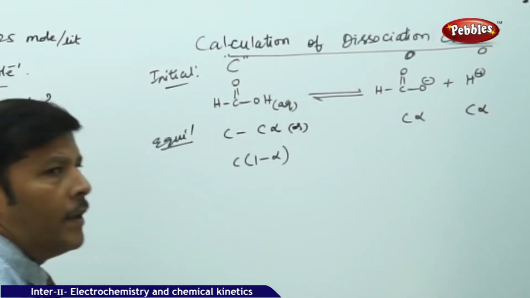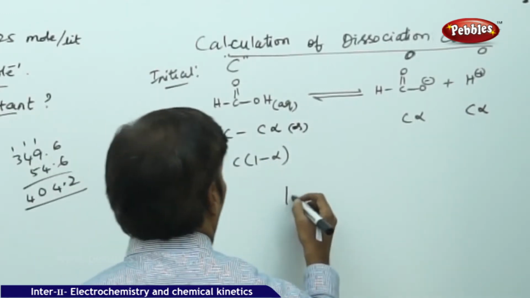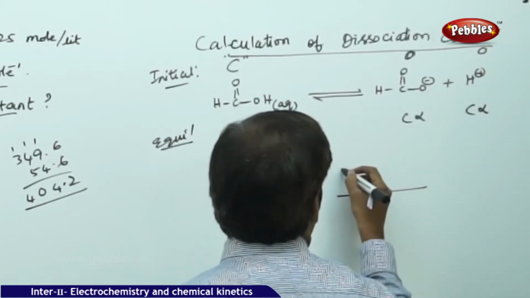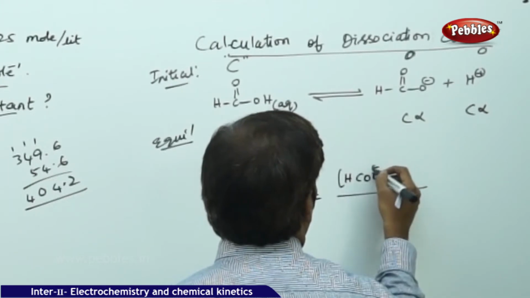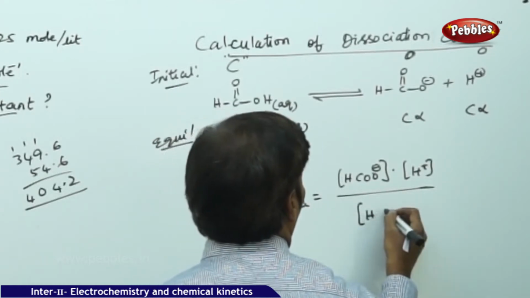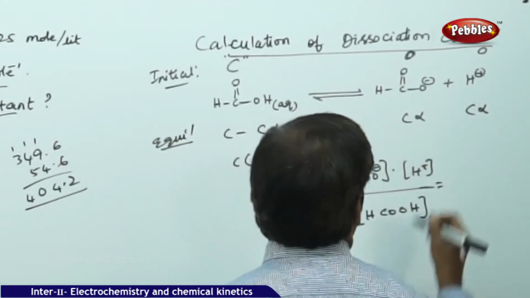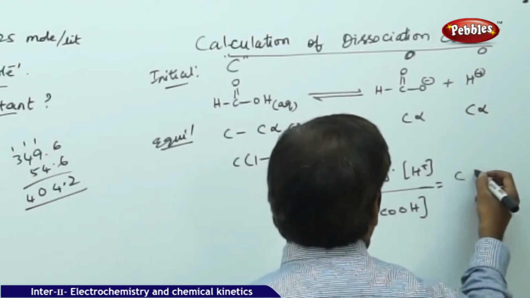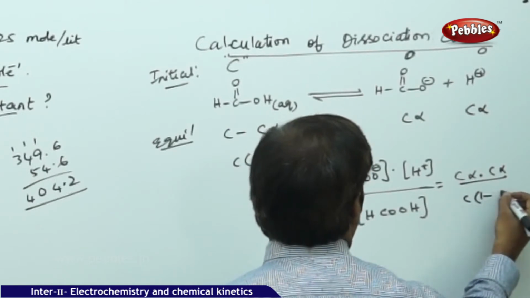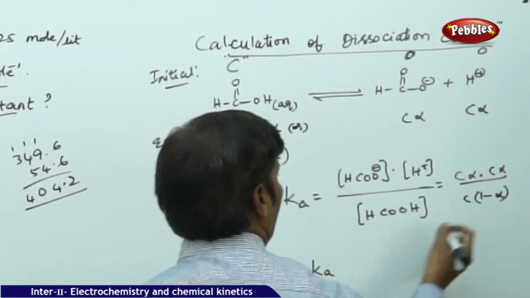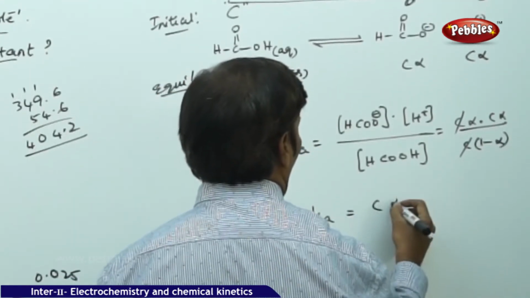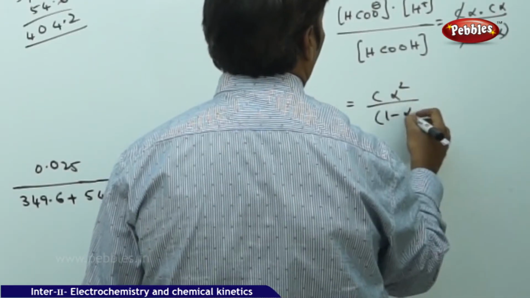So applying the equilibrium constant expression, Ka is the dissociation constant of the weak acid, formic acid, which is equal to the concentration of the formate ions times the concentration of H plus ion divided by the concentration of formic acid. So C alpha into C alpha divided by C of 1 minus alpha, and the concentration term in the numerator gets cancelled, giving C alpha square divided by 1 minus alpha.